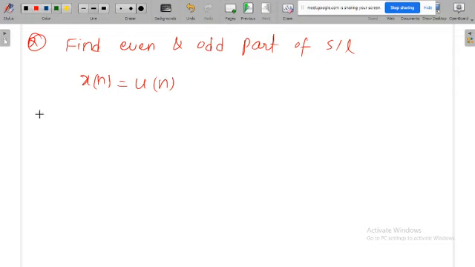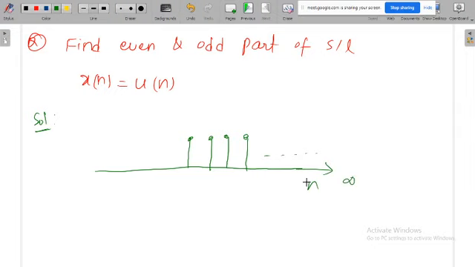If you draw the signal u of n, it will have samples only for positive time index, 0, 1, 2, 3 like that up to infinity, with values of 1, 1, 1. So it is only a positive sided signal, going towards the right side. So definitely this is neither even nor odd.